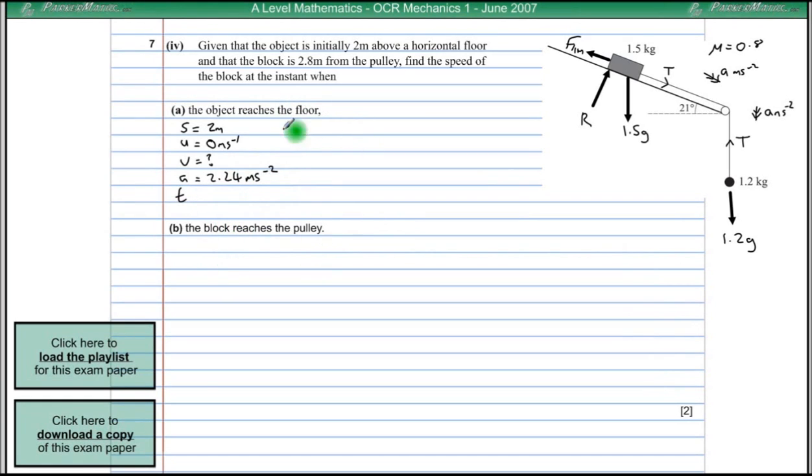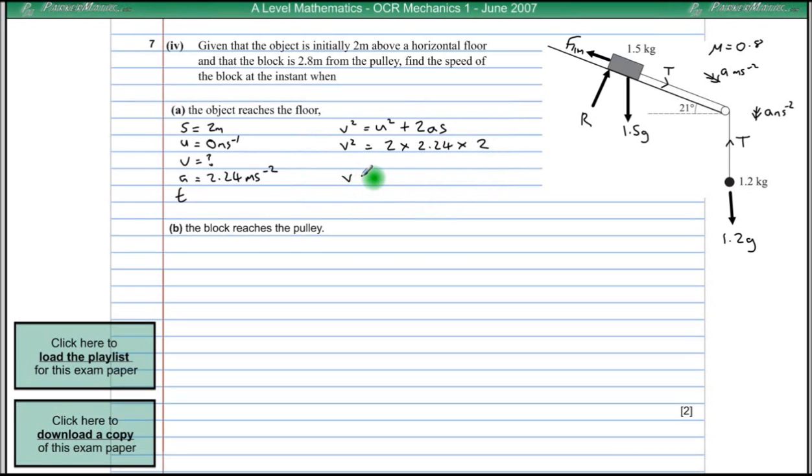So what equation have we got that involves S, U, A and V? Well, we're looking at v squared equals u squared plus 2as. So we get v squared equals u squared is 0, so we're just going to have 2 multiplied by the acceleration, which is 2.24, multiplied by 2.